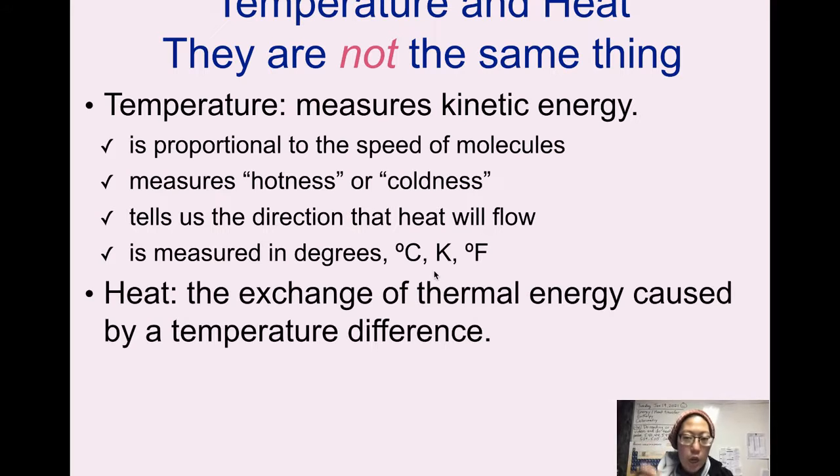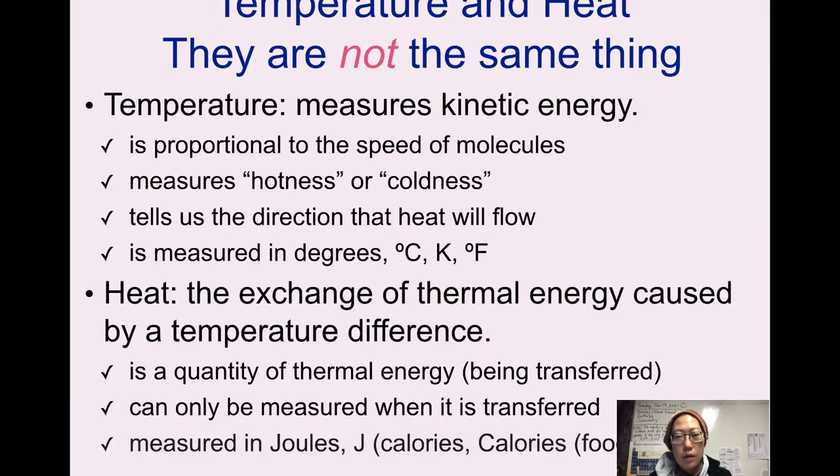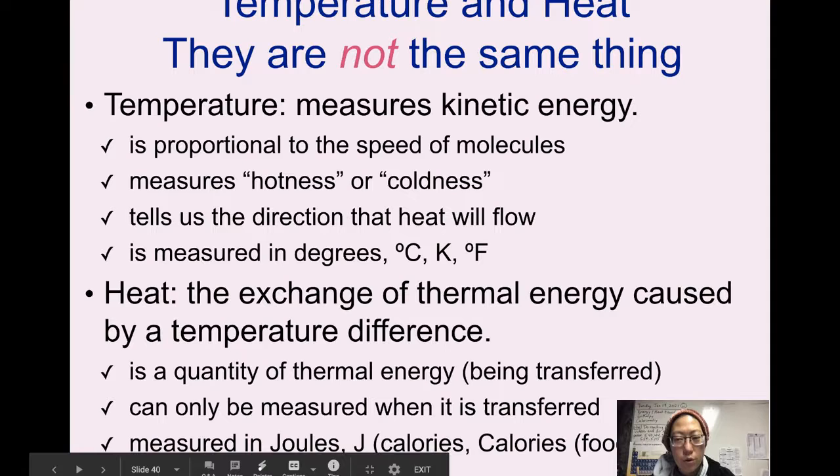Heat is the exchange of thermal energy, okay, that is caused by temperature difference. Okay, so we can only see this when it is changing or transferred. And it's measured in joules or calories or BTUs, which are British thermal units.